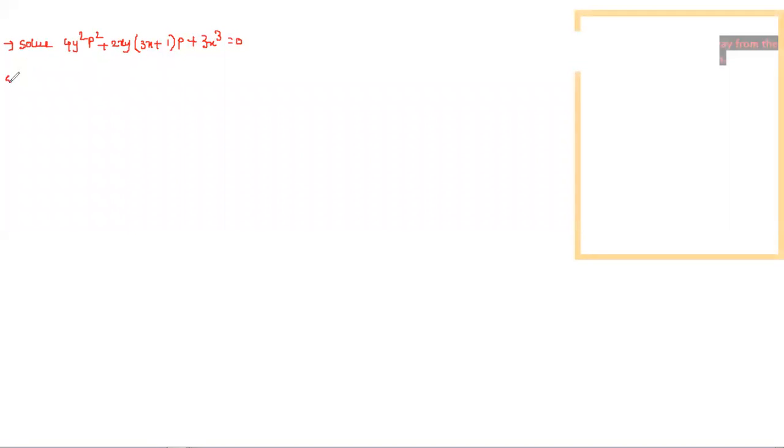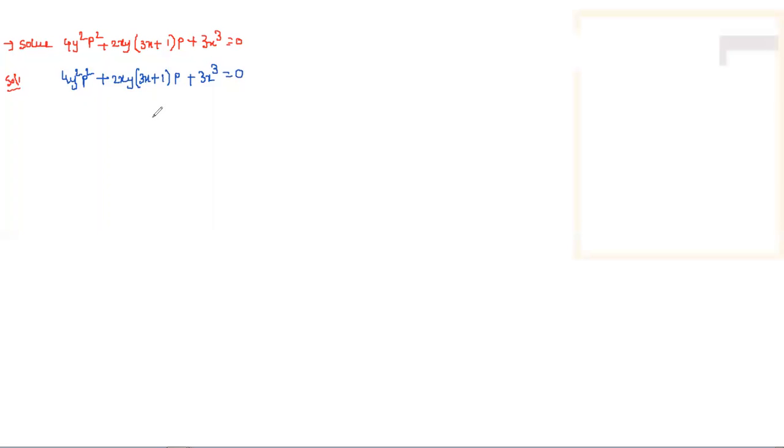Same just like the previous problem, we need to solve this one. Okay, so first we can take the given differential equation as this. So the given differential equation is, here it is, 4y square P square plus 2xy into 3x plus 1 into P plus 3x cube is equal to 0.